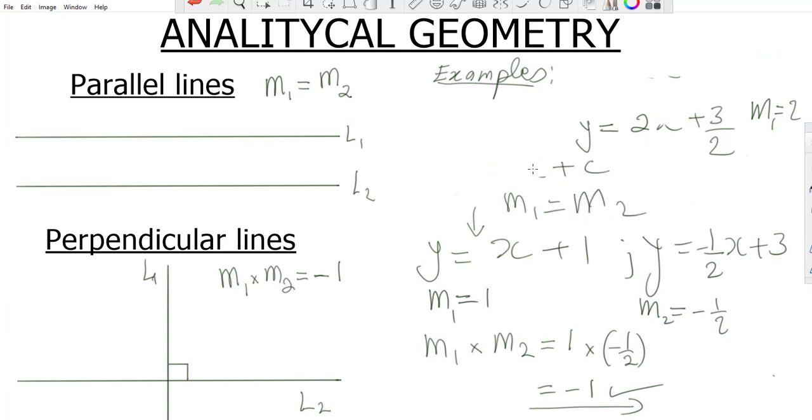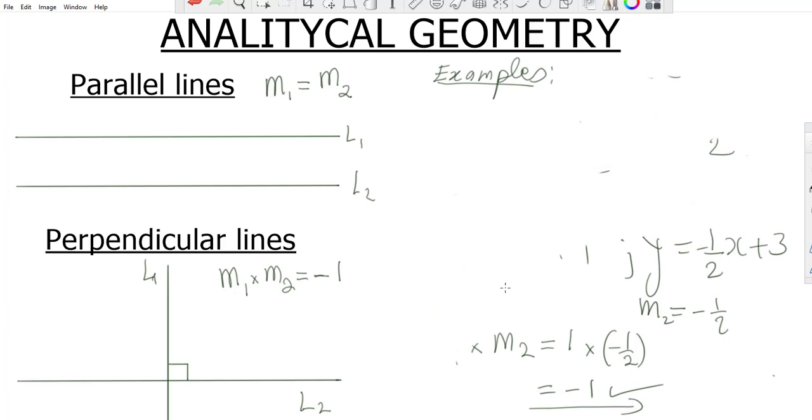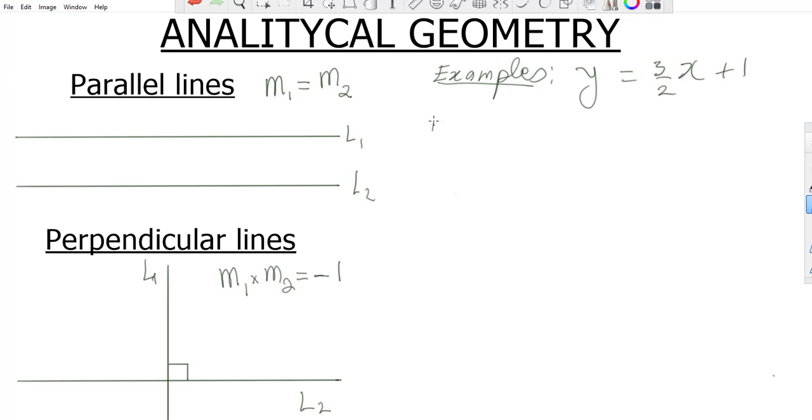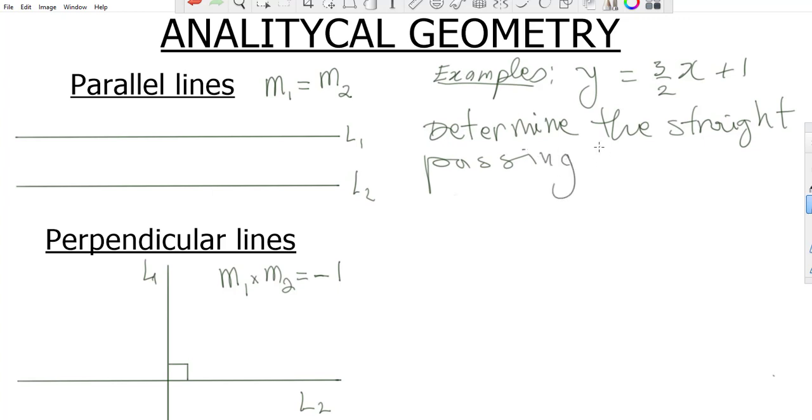They can ask you a question, for example, where they say find the straight line, where you have a straight line like y equals 3 over 2 x plus 1, or 2x plus 1, and then they say determine the straight line passing by a point P, for example, minus 1 and 2.